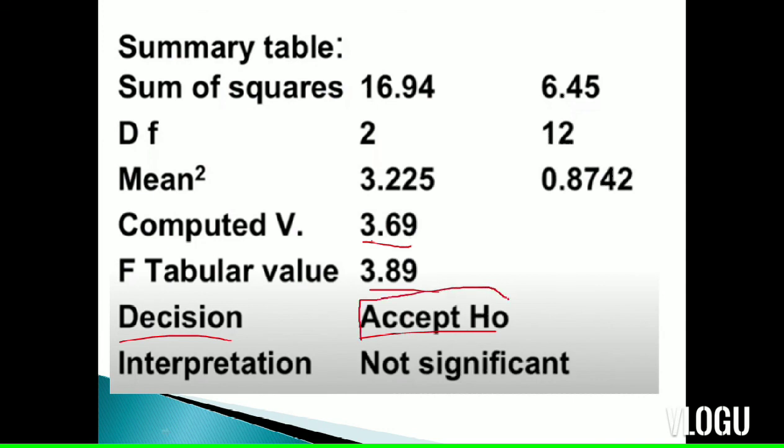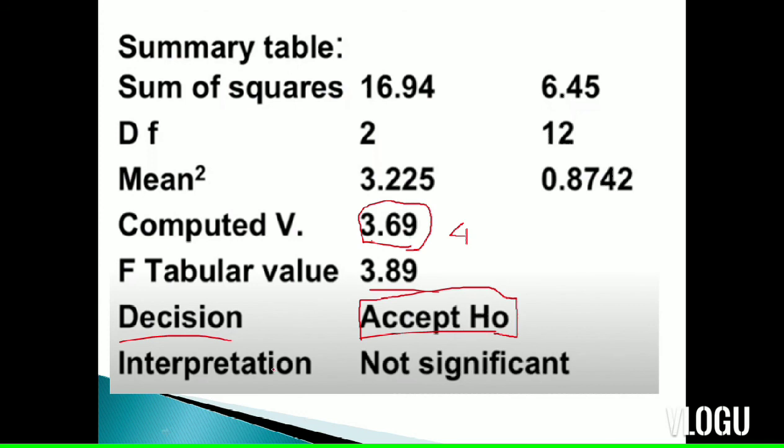And reject HA. Pero kung for example, ang result sa computed value kay 4, and then ang imuhang decision is accept HA, reject HO.